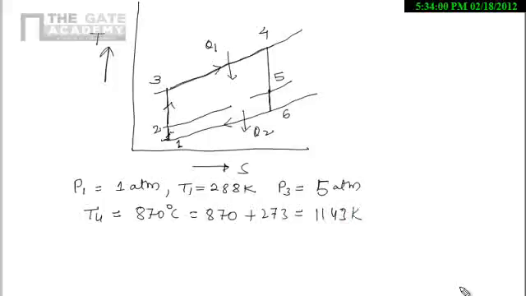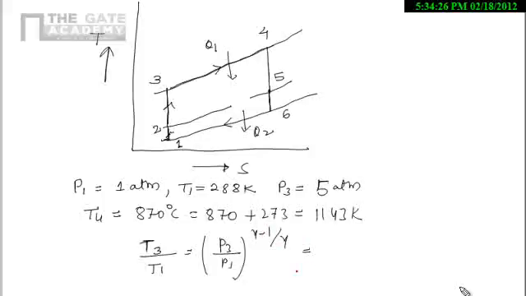So now we can use the reversible adiabatic process formula. From 1 to 3 it's a reversible adiabatic process, so I can use the formula for that. T3 by T1 equals P3 by P1 to the power gamma minus 1 by gamma.